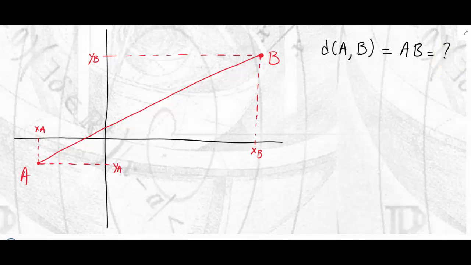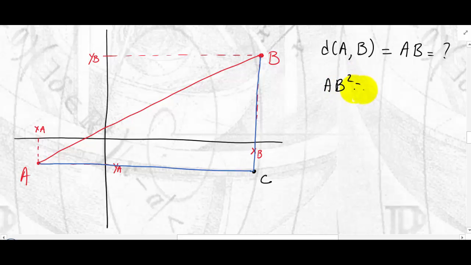So how do we do that? Well, we use the Pythagorean theorem. We build a right triangle right here, and let's use the Pythagorean theorem. So we're gonna call this point C, okay? And I'm gonna say that AB squared equals AC squared plus CB squared.